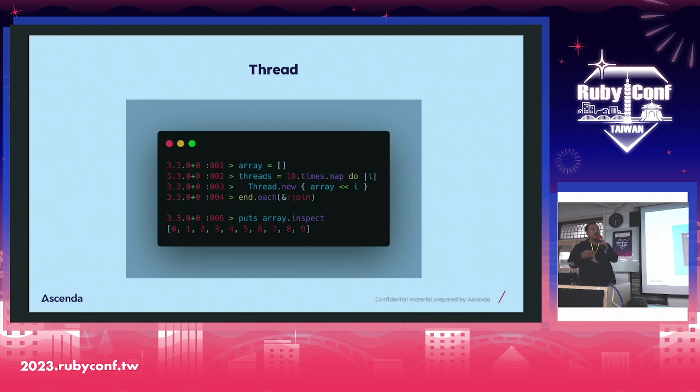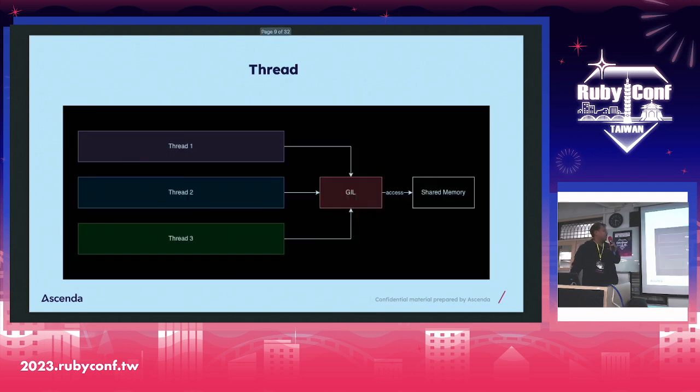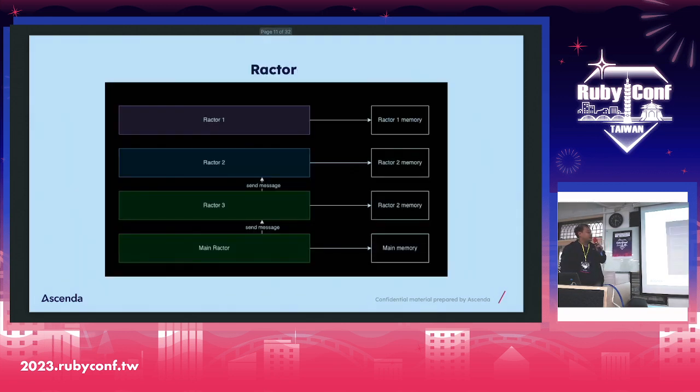However, with threads, even though we only read, we still need to go through the GIL, and that prevents us from making more use of our machine. So Ractor solves this problem by creating separate memory for each Ractor. In this case, you can see here that they don't share a GIL across every Ractor anymore.